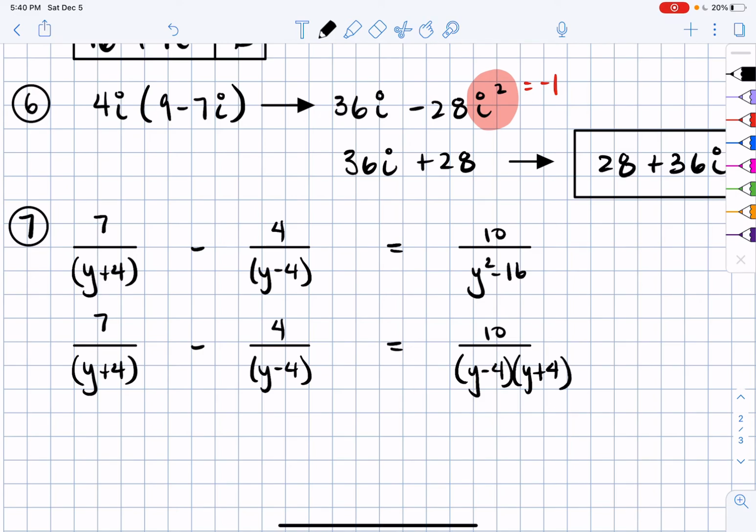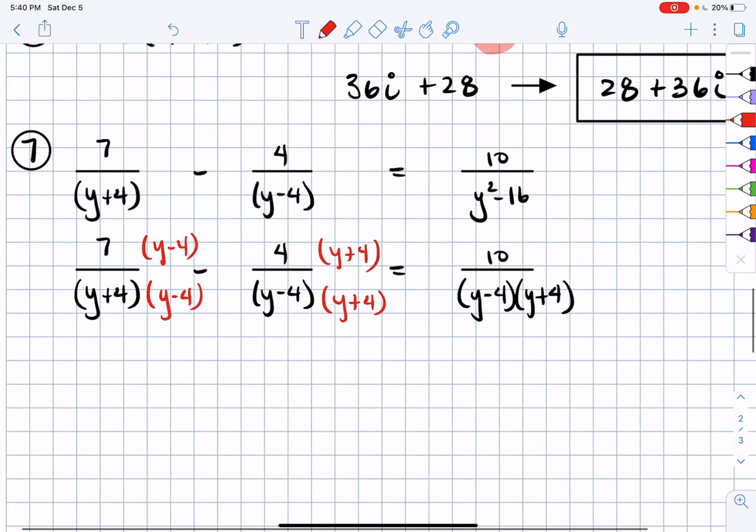In order for me to get rid of the fractions in this equation, I have to have all the denominators the same. So again, what does she have that I don't have? This one doesn't have a y minus 4. This one here doesn't have a y plus 4. Okay, so with that being said, what do I have?